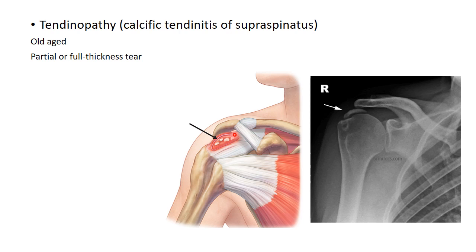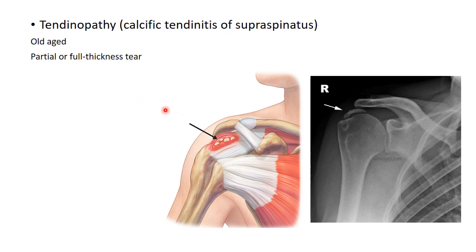With progression of the disease there will be calcification of the tendon. Calcium minerals accumulate and the tendon calcifies, so I get what is called calcific tendinitis. On an X-ray, we will see the supraspinatus tendon looking like bone. This is the humerus and this is the insertion of the supraspinatus muscle.